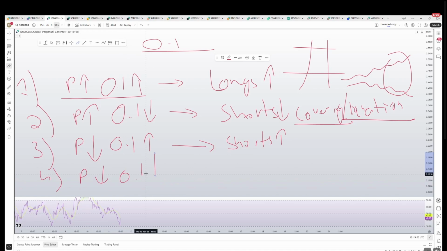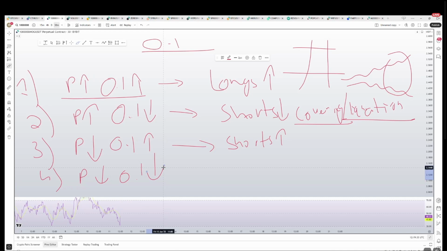The fourth and final scenario is price going down, but the OI is also going down. How can the number of margin positions reducing lead to the price going down? What sort of positions would that be? More shorts? No. If it was more shorts, or more longs, anything that's more would increase the OI, because go back to the definition of open interest. It's the number of margin contracts on an asset.